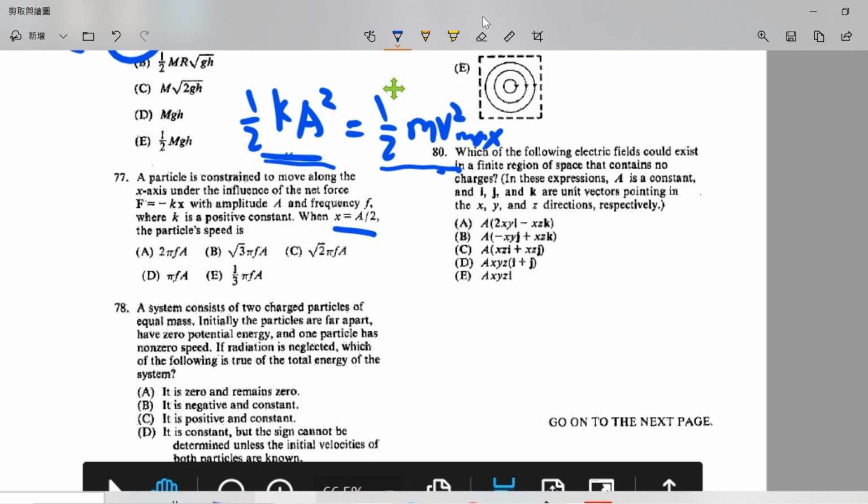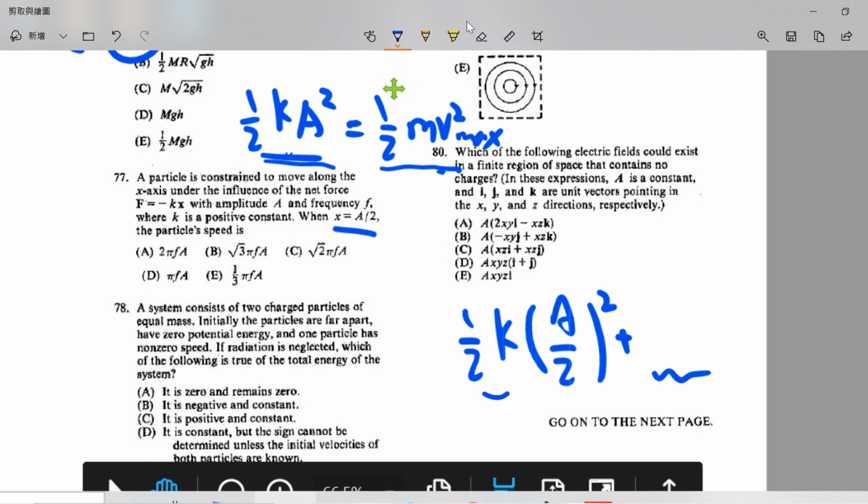What it means is that your v max is equal to, okay, let me solve it this way. When your x is A over 2, this is your potential plus the kinetic energy, which is the same as the total energy, right?